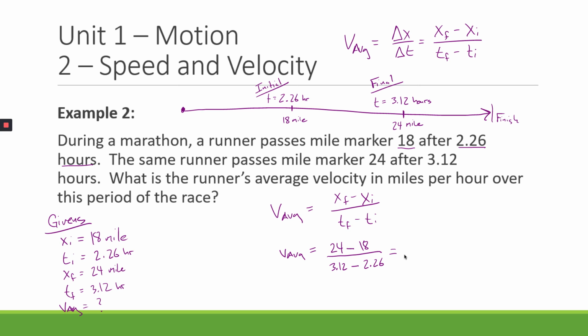All right, let's simplify this a bit. 24 minus 18 is 6, and that's going to be 6 miles, right? 3.12 minus 2.26 equals 0.86 hours.